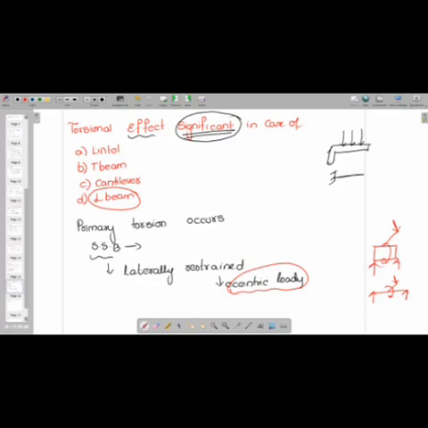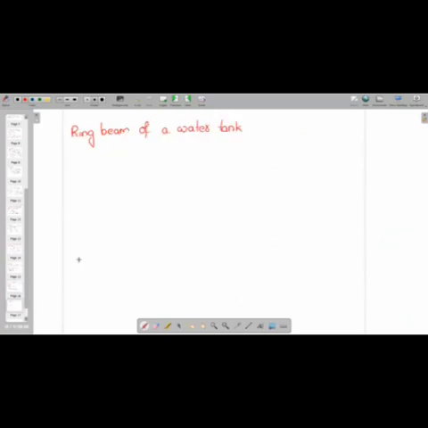Okay. Now see, a ring beam of a water tank is subjected to what?